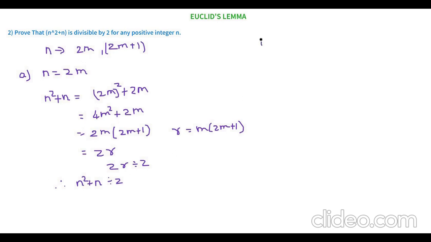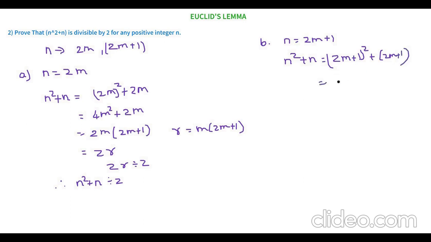Now let's take the second case, case B, where n equals 2m plus 1. So I'm going to take n as 2m plus 1. So let's write n square plus n equals, in place of n we will write 2m plus 1. So (2m plus 1) the whole square, and plus in place of n again 2m plus 1.